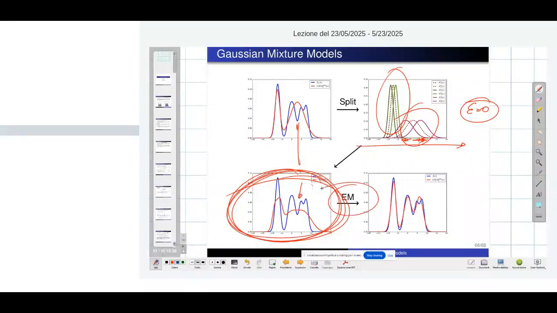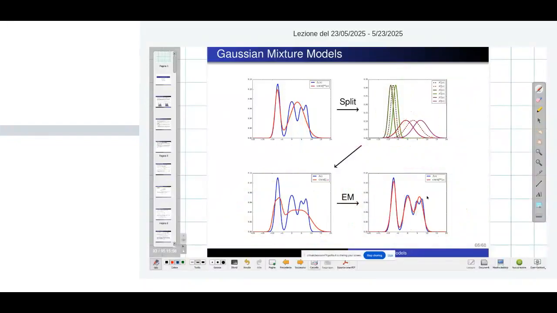Then we can run our update procedure and get to a solution with 4 components, which does not necessarily describe the original 4 components that were used for the dataset. It describes the clusters that the model was finding. Here I would have a better solution if I had 2 Gaussians like this, rather than, you can see only 3 here, because essentially 2 are very similar. In the global shape, they look like a single component, but there are actually 2 that have similar mean and similar variance, so they overlap when you put them together.